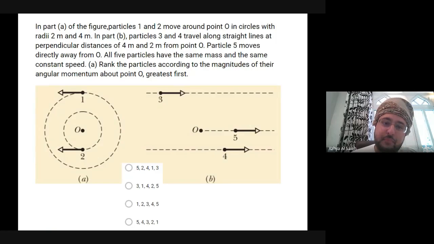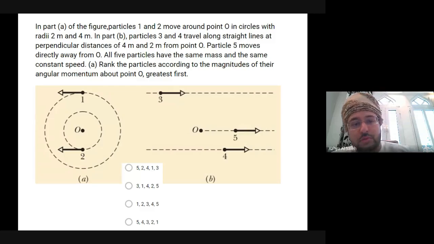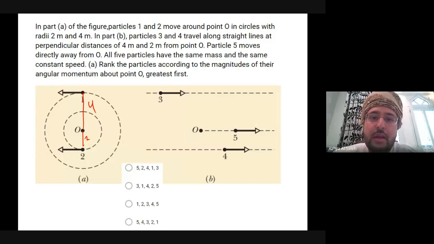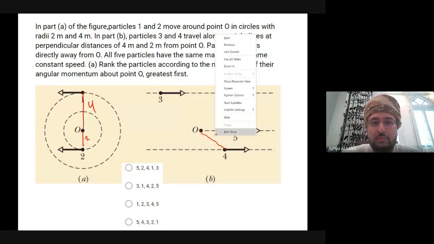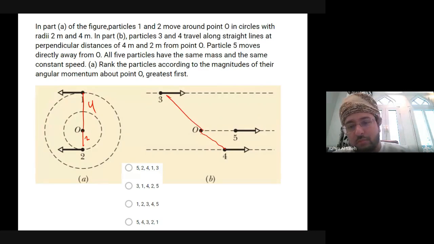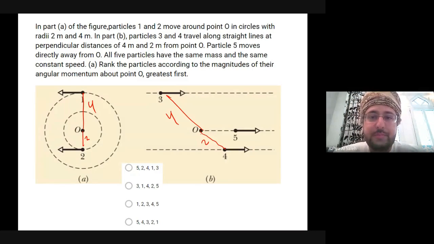Okay. But first, let's take a look at this. Particles 1 and 2 move around point O in circles with radii 2 and 4 meters. So this is 2 meters and this is 4 meters. In part B, particles 3 and 4 travel along straight lines at 2 meters and 4 meters.